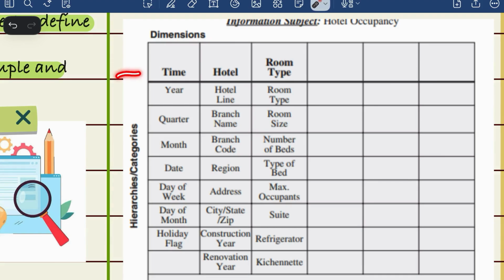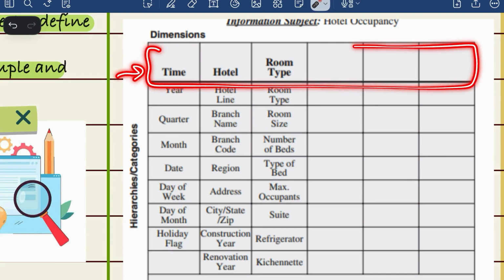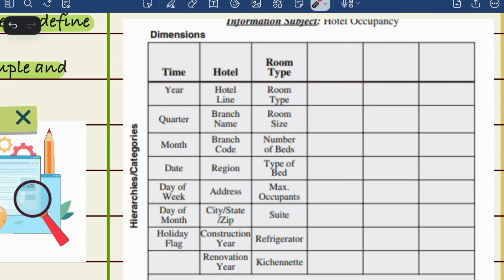Then there are the dimensions. You see, this part is the dimension. It is the main column headers. So we have time, we have the hotel name, we have the room type, right? And then there is the aggregation level. So what is the hierarchy, like listed? So these are listed directly beneath the headers, you see.